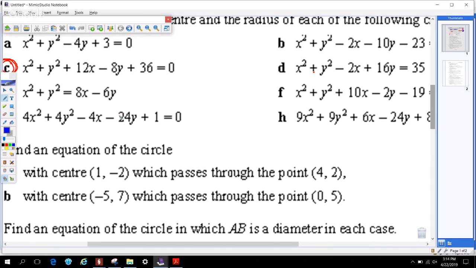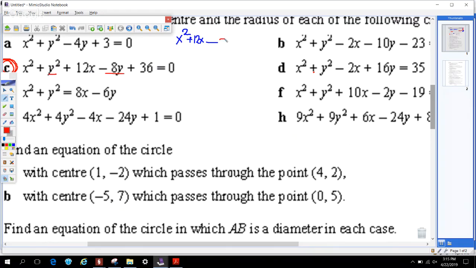When you have something like this, it's called the general form of a circle. We're trying to convert it to what's called the standard form. When you convert it, the way I taught my students is I said first you group the x. So I've got x squared plus 12x, and then I leave a space. Then I look at my y's.